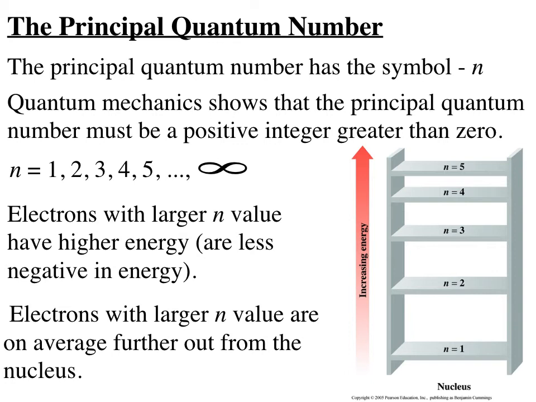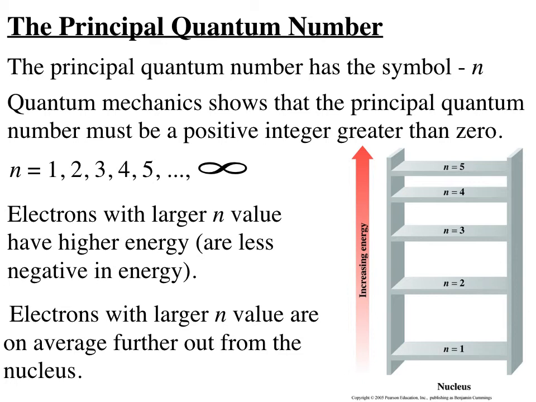And as a matter of fact, the lower the n value, the lower the energy. Also, the lower the n value, the closer the electron is to the nucleus. So as n goes up, the energy of an electron goes up or becomes less negative.